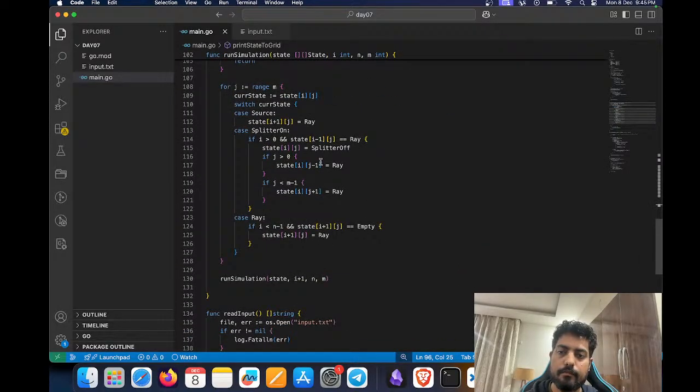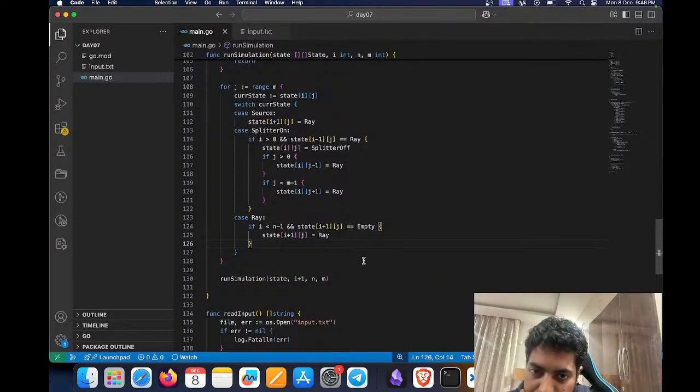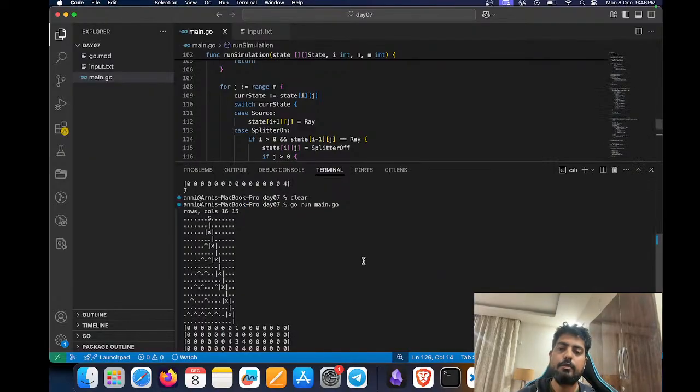So if it is a ray and i minus 1... So I know what the issue is.